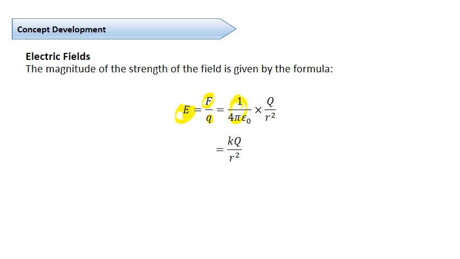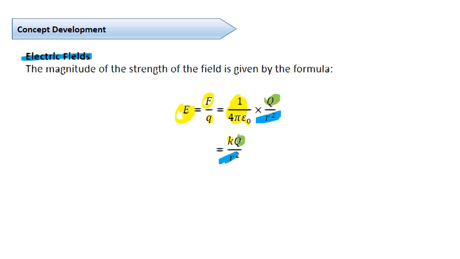Remember that 1 divided by 4 pi times this weird E thing is actually the permittivity constant, which is 9 times 10 to the 9, or K. My Q is my charge, and then my R is my distance between the two objects. I would like you to write down that formula there.